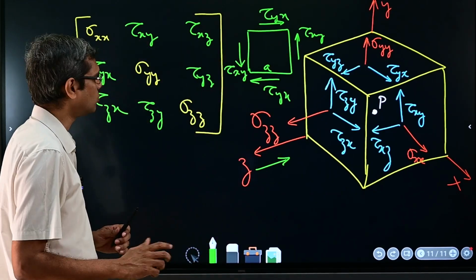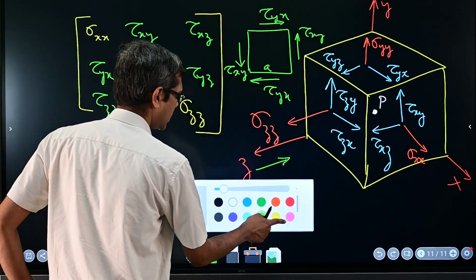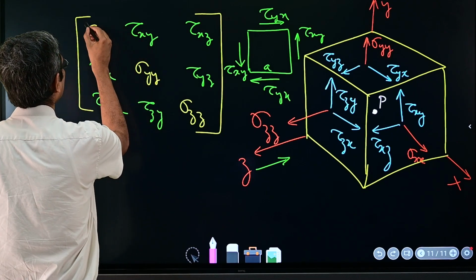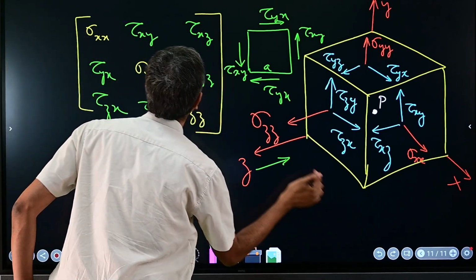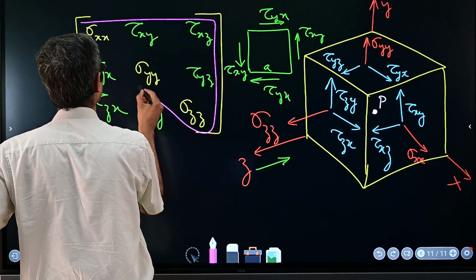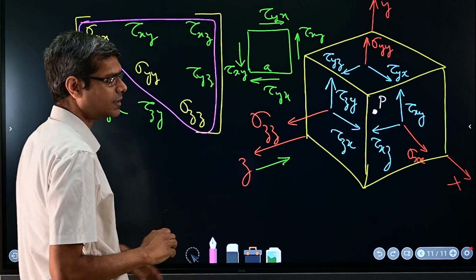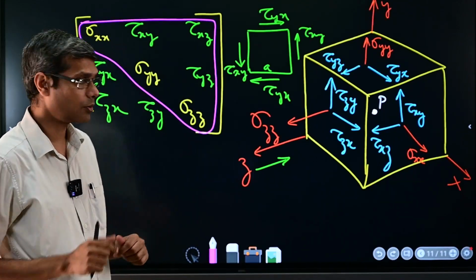You can do that for all the combinations, and the conclusion is that any six, the upper six or the lower ones, you can choose, will uniquely define the state of stress at a given point.